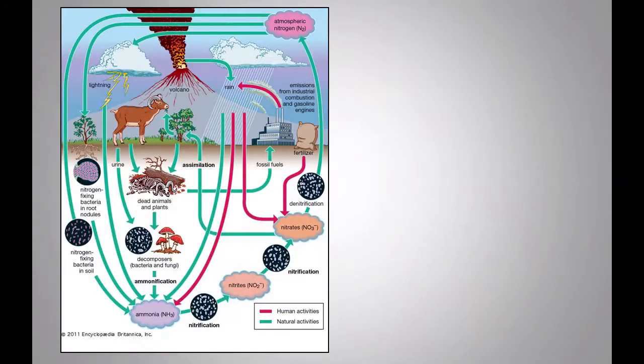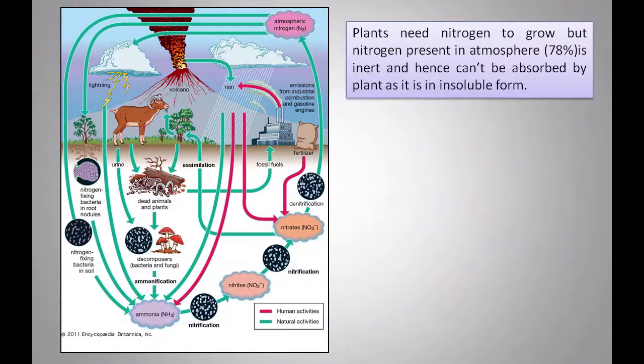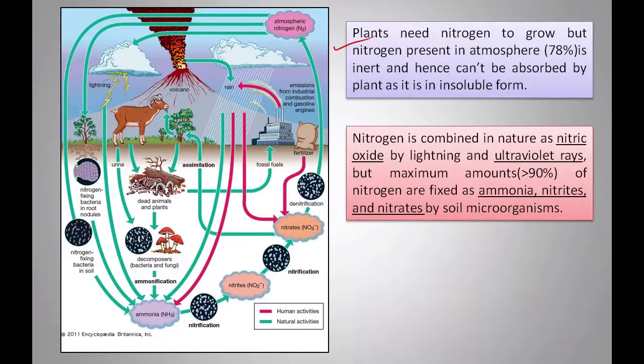Here is a picture showing the nitrogen cycle. We know that plants need nitrogen to grow, but nitrogen present in the atmosphere, which is around 78%, is inert and hence can't be absorbed by the plant as it is in insoluble form. Nitrogen is combined in nature as nitric oxide with the help of lightning and ultraviolet rays and supplied to the soil.